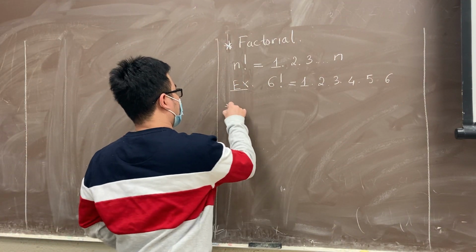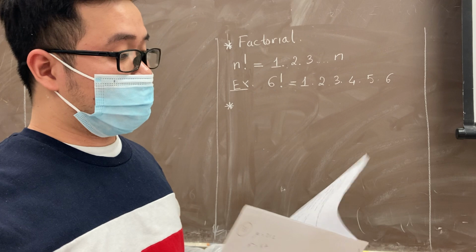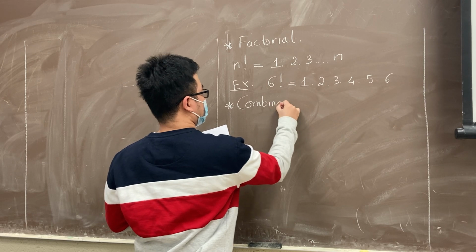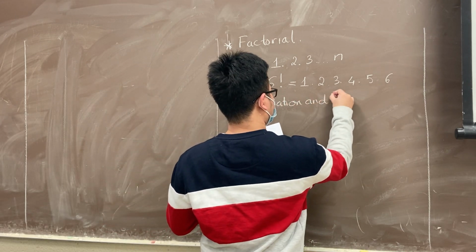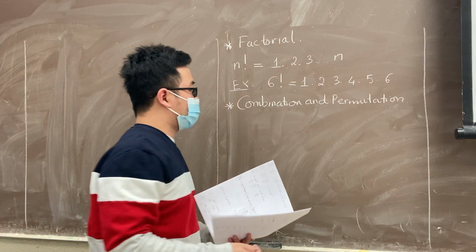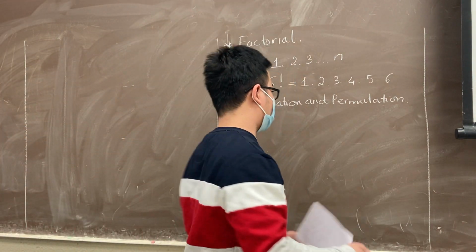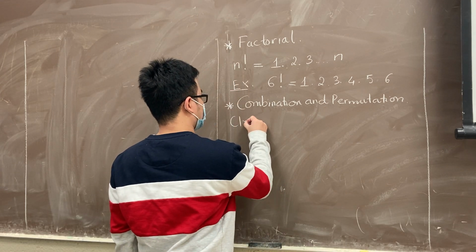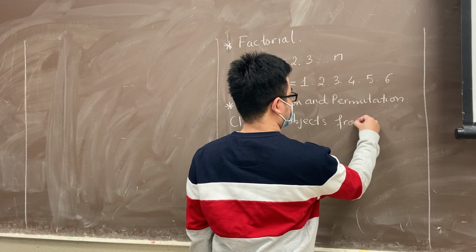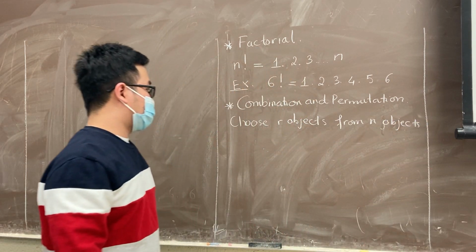And we have two things about this chapter, called combination and permutation. What is the difference between them? For example, I want to choose r objects from n objects, and we have two cases.